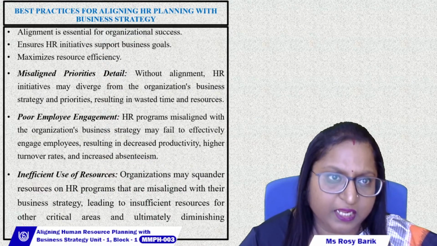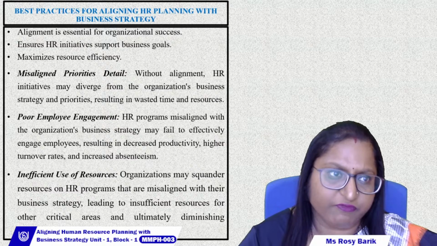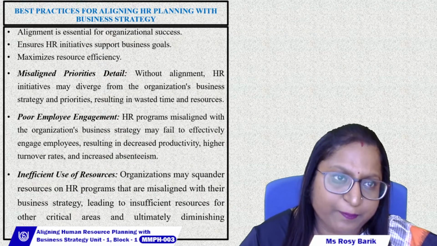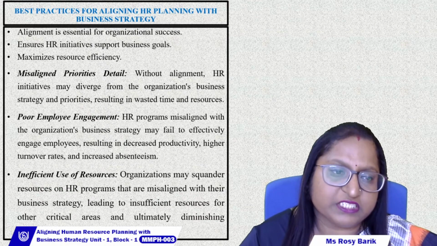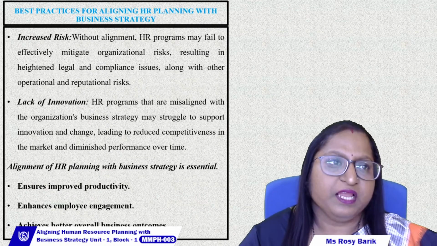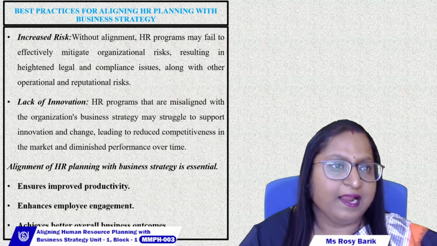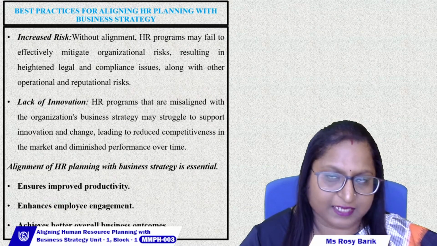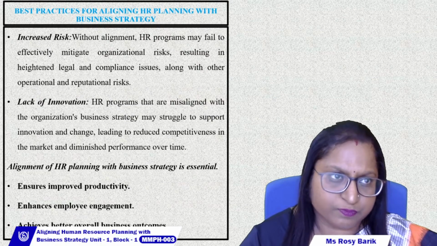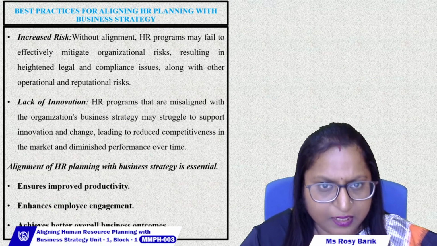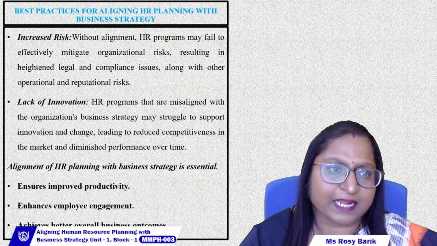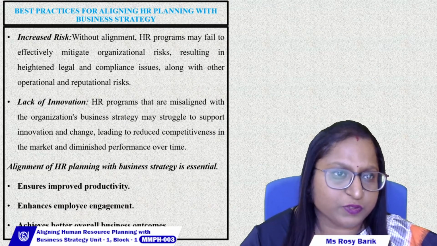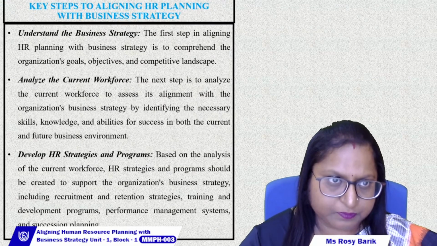If HR planning fails to align with the business strategy, we can see misaligned priorities, poor employee engagement, inefficient use of resources, increased risks, lack of innovation, etc. Other failures occur within the organization, but those are slightly negligible in comparison to these points.